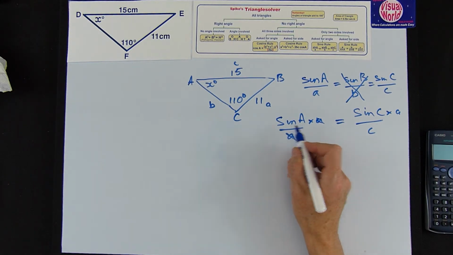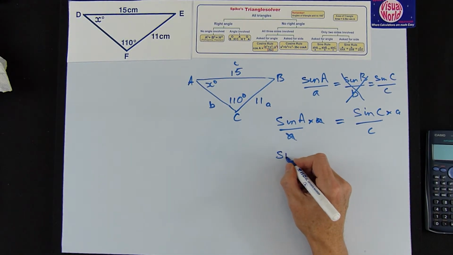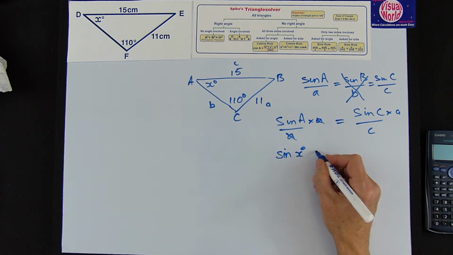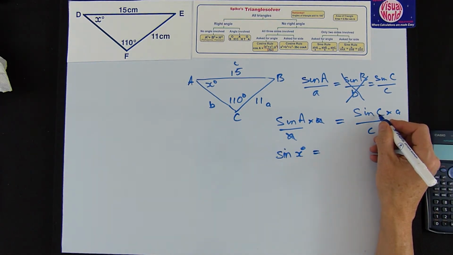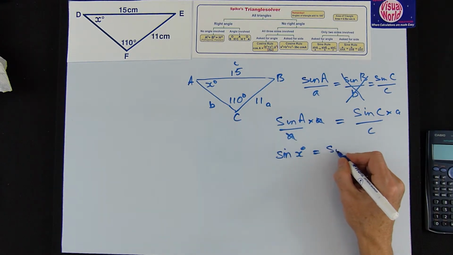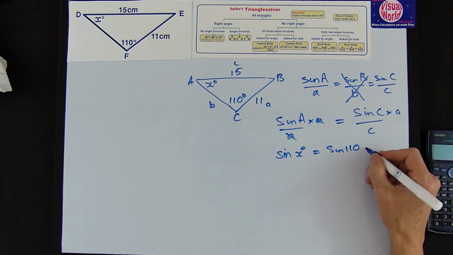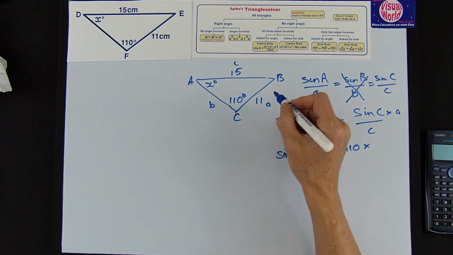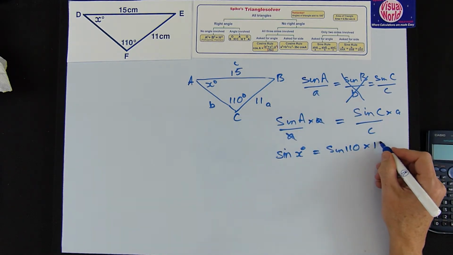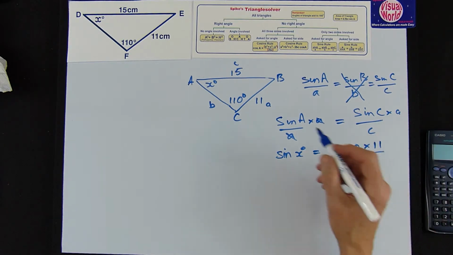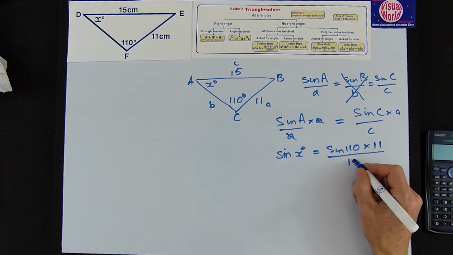So sine A, so it's sine X equals sine C, so it's sine 110 times A, which is 11, over C, which is 15.